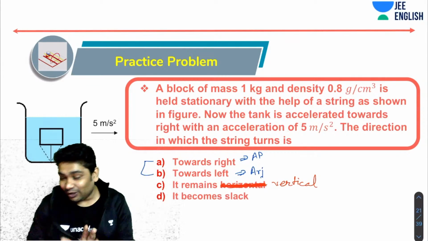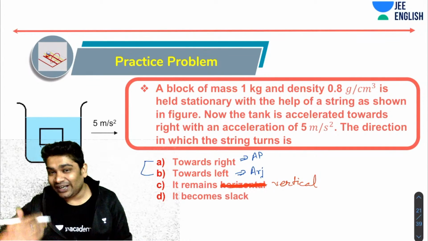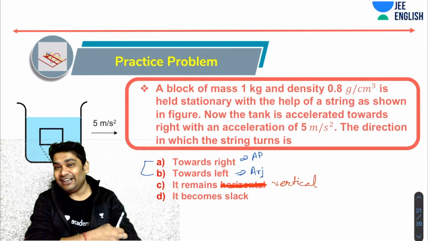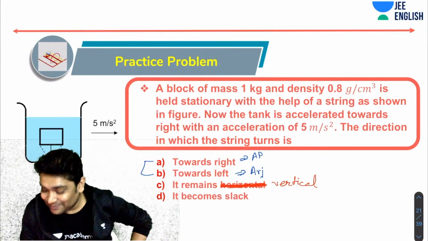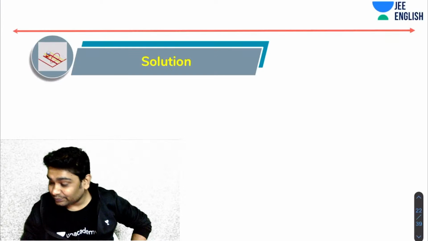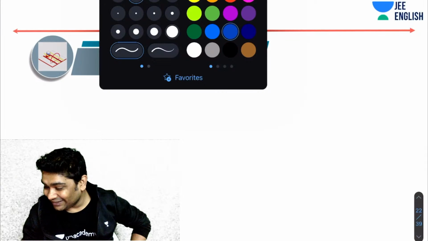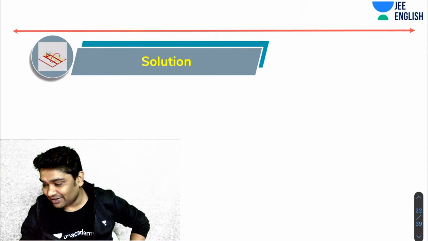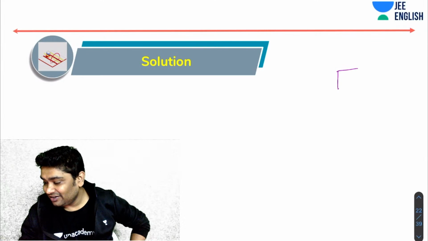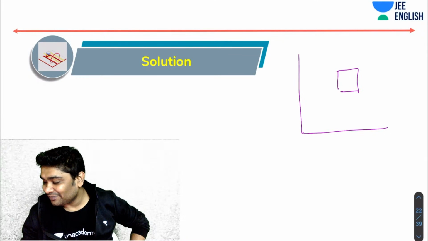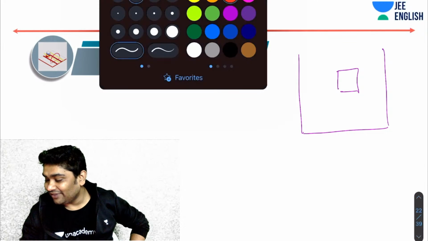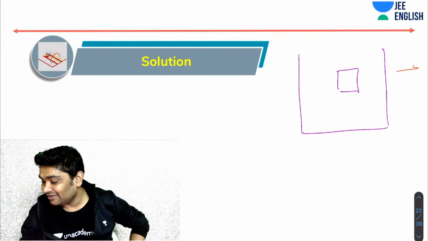So let's think about this. Do not randomly guess. You've been studying this. Why have you been studying this? Think about this. When the vessel is accelerated, what is the direction of g effective? So the vessel is accelerated like this.